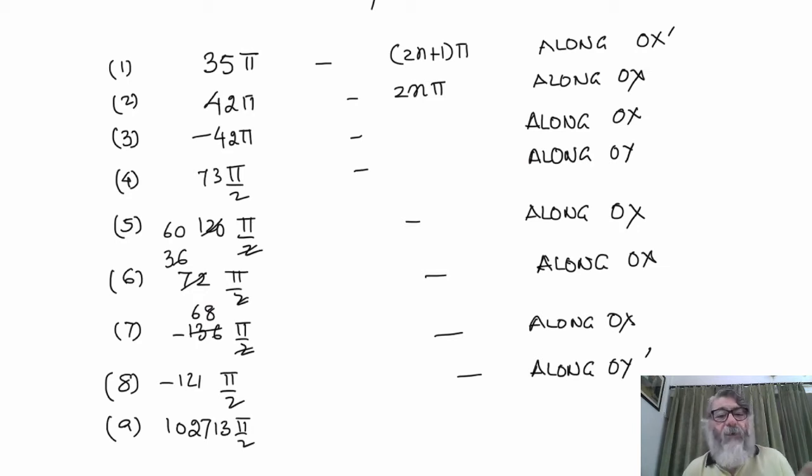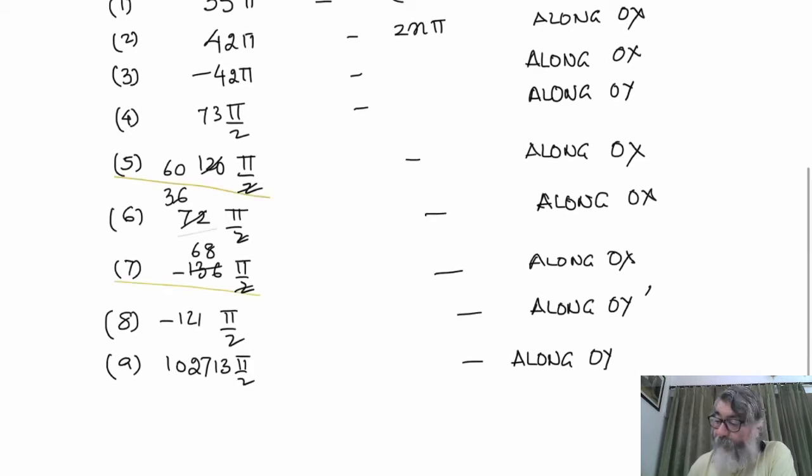If you divide the whole thing by 4, you'll get 1 as the remainder, and because the plus sign is there, it will fall along OY. Don't worry, I will be taking more examples and doing more practice with you based on this so that it becomes absolutely clear how we do it.